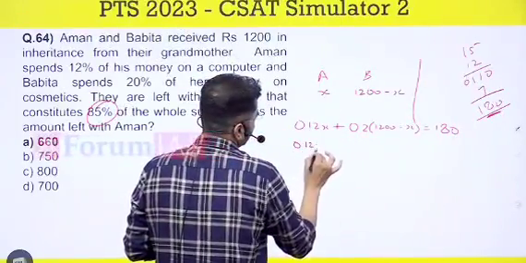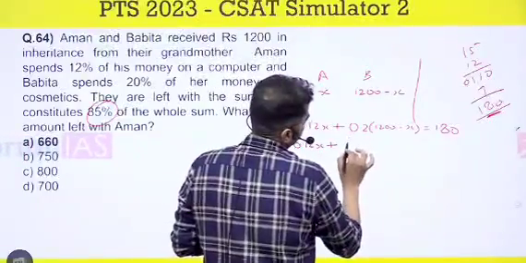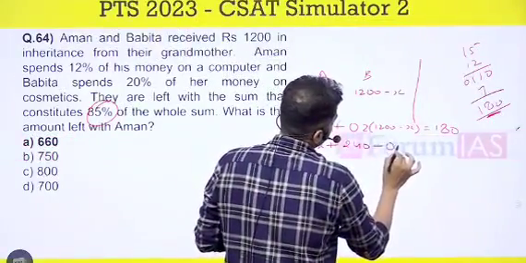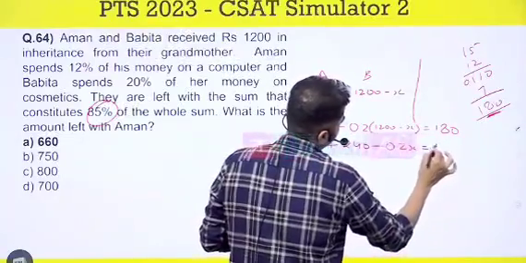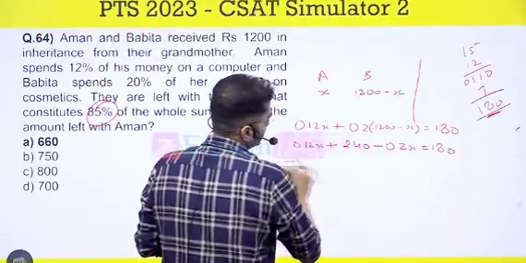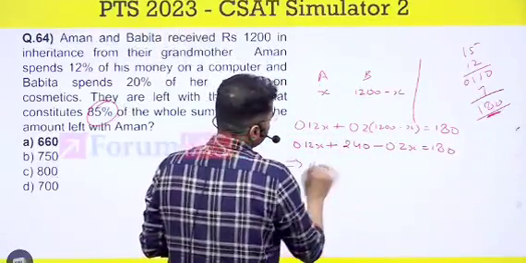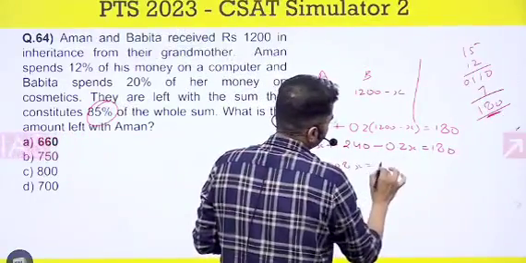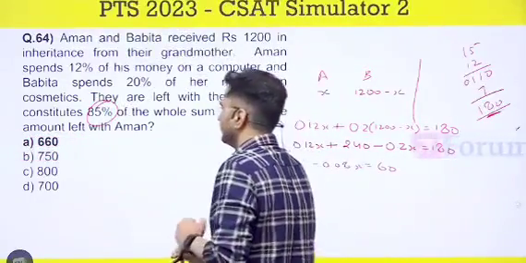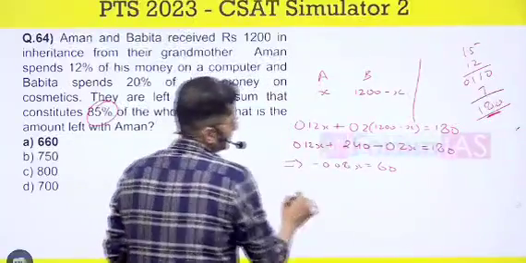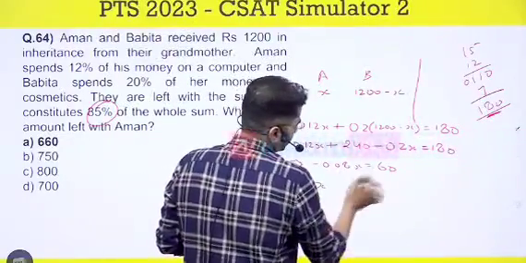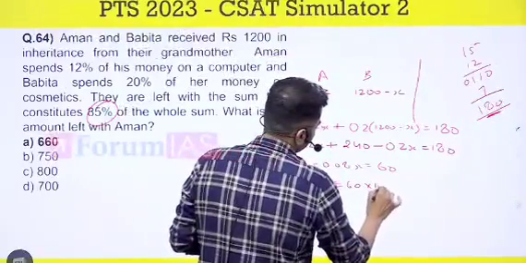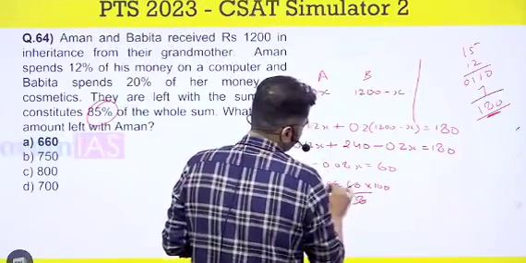This becomes 0.12X plus 240 minus 0.2X is equal to 180, which implies minus 0.08X is equal to 60. So what is X? X is 60 into 100 by 8.